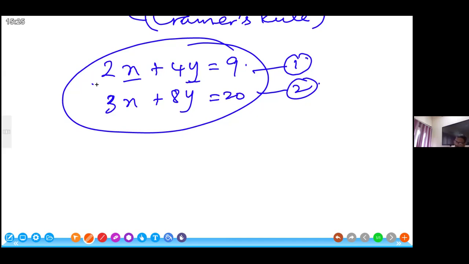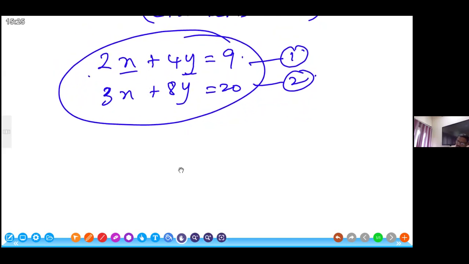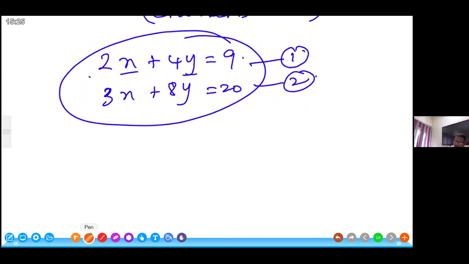So how to take this step forward? Look at this equation. The coefficients can be used as the elements for the matrices.